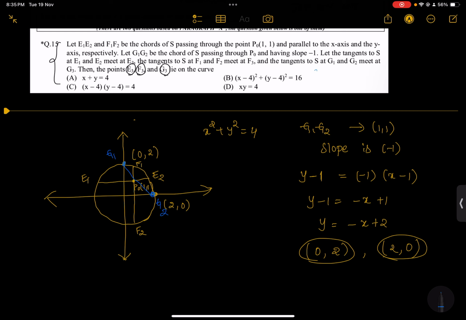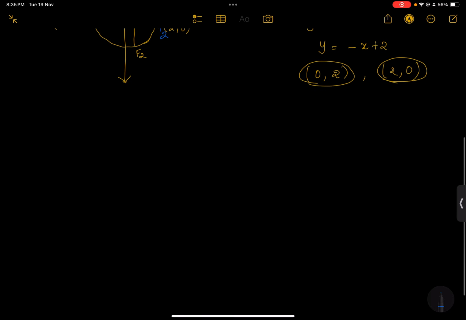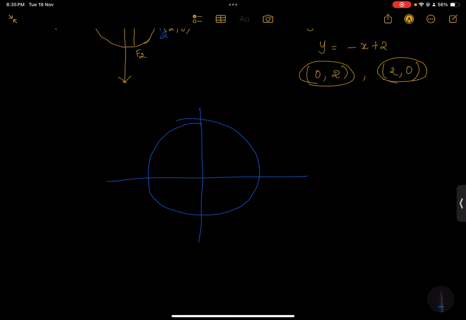Let the tangents to S at E1 and E2 meet at E3. So let us redraw the figure. This is P 1 comma 1. Here you have E1, here you have E2. You draw a tangent to the circle at E1 and a tangent to the circle at E2, and these two tangents meet at E3.